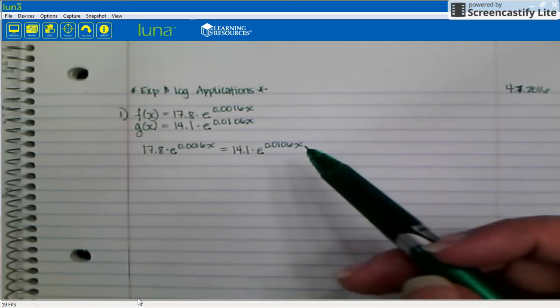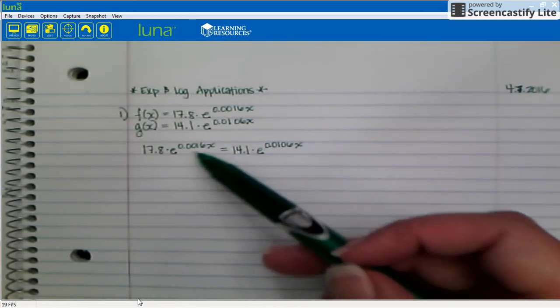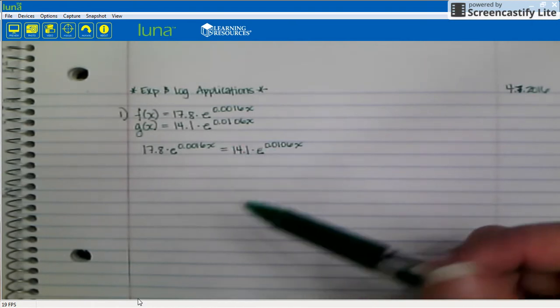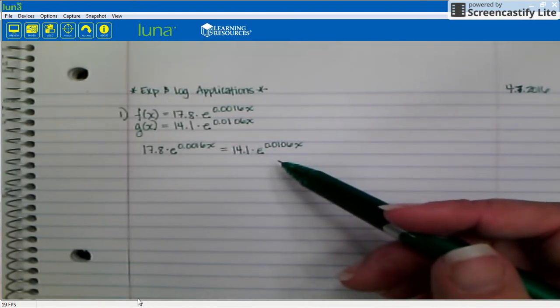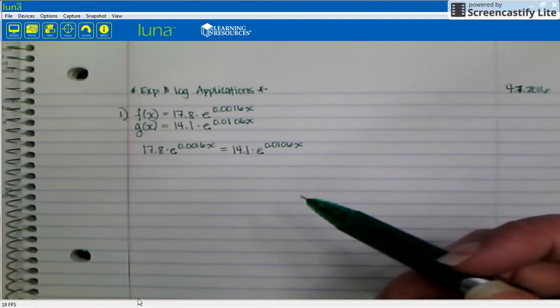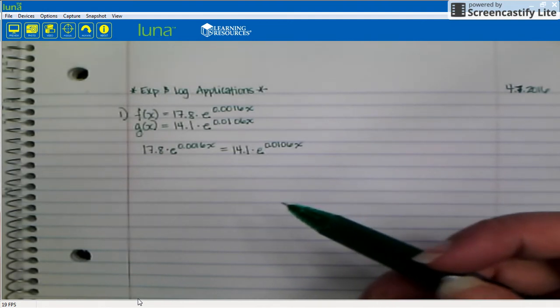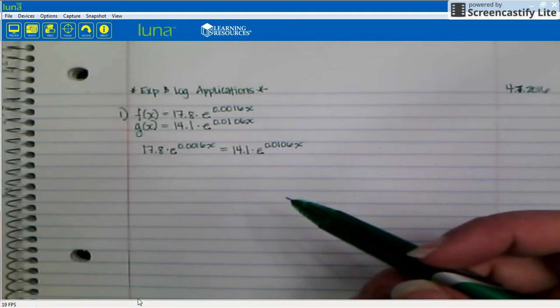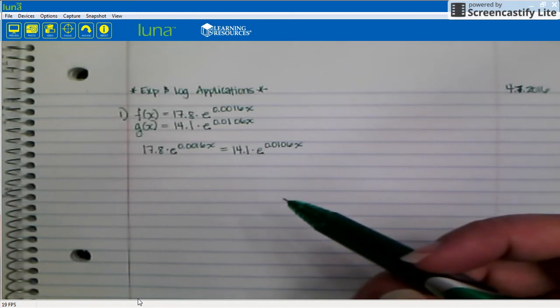So what I would advise is that you put both of these into your calculator, and then go to your table of values. You are looking for the x value that gives you the same y value.